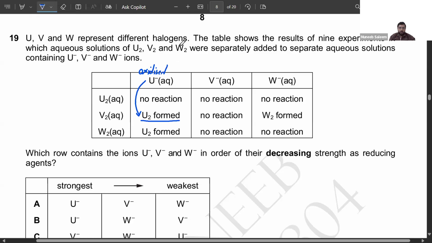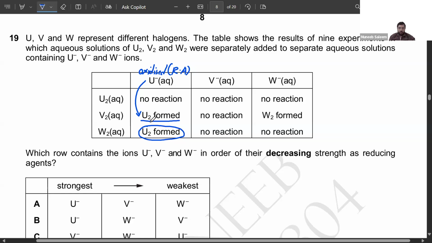When it is oxidized, it means it is working as a reducing agent. So it is the reducing agent in this reaction, and it is also oxidized in the reaction with W2, which means in both of the cases, U minus is oxidized.